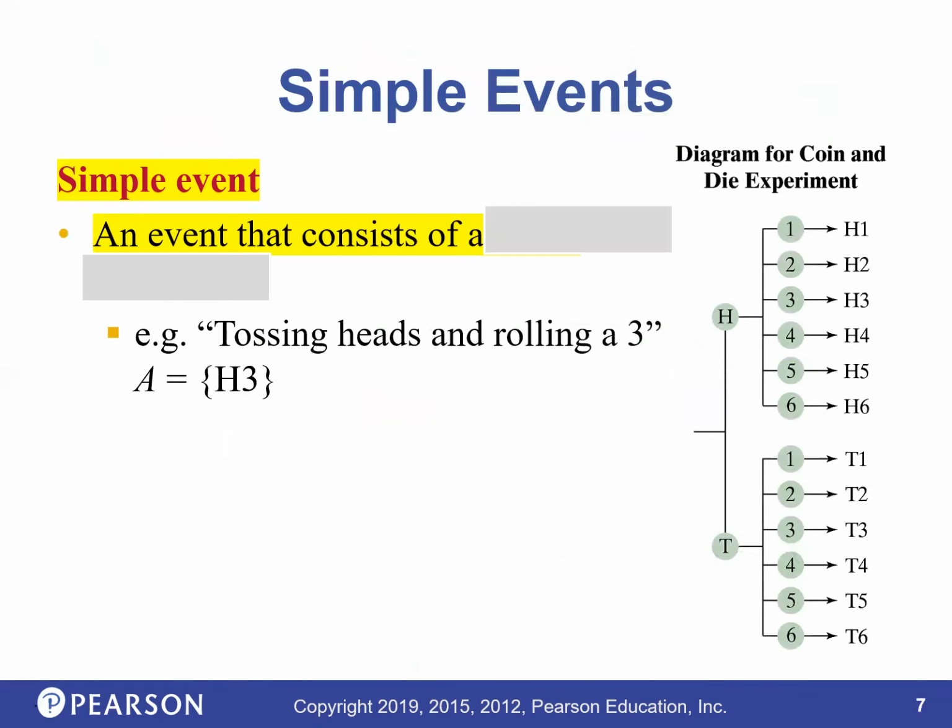Okay, how about a simple event? Let's do this one here. This one probably should write down at least this piece here. A simple event is an event that consists of a single outcome.